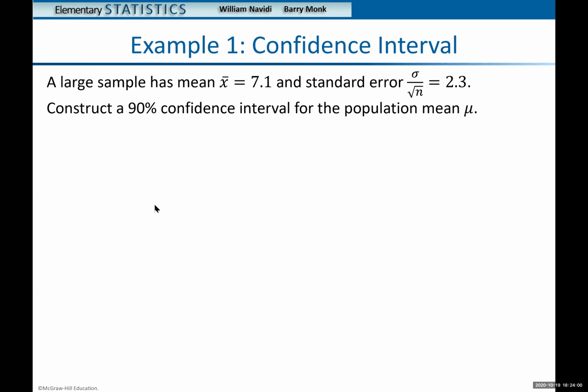Always think about this when solving for a confidence interval, that it is always equal to point estimate plus or minus the margin of error.